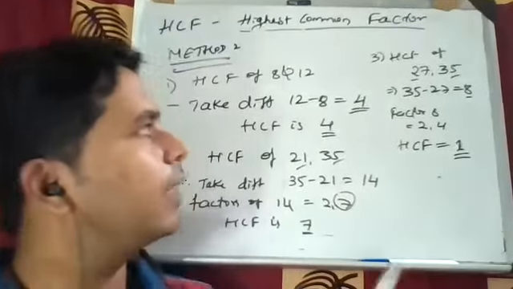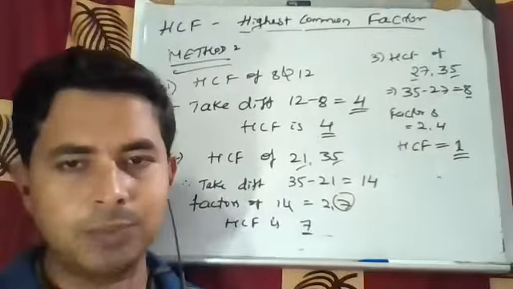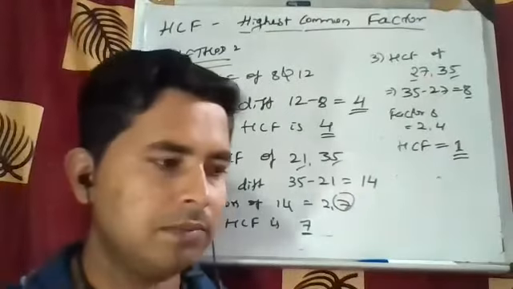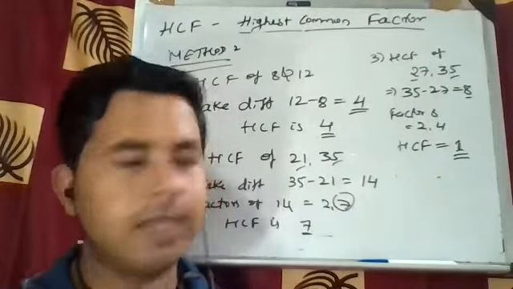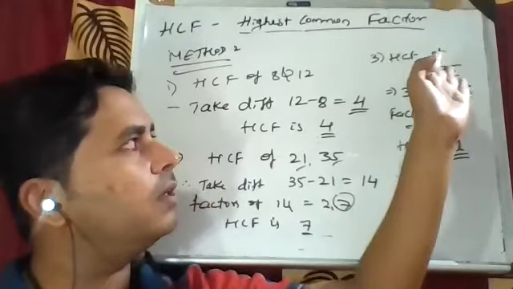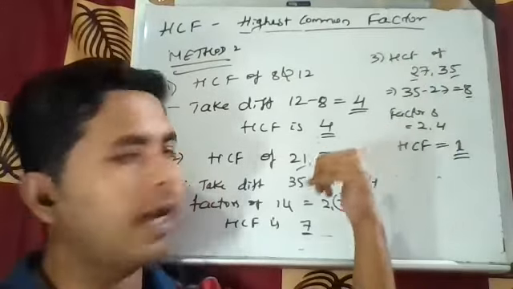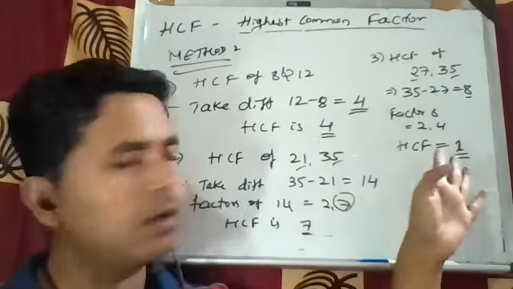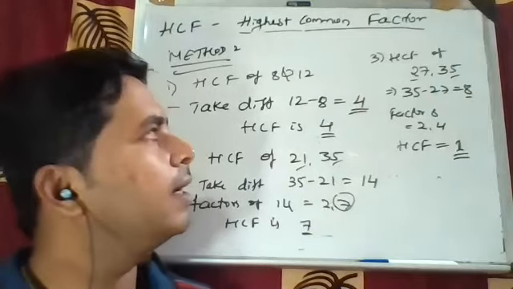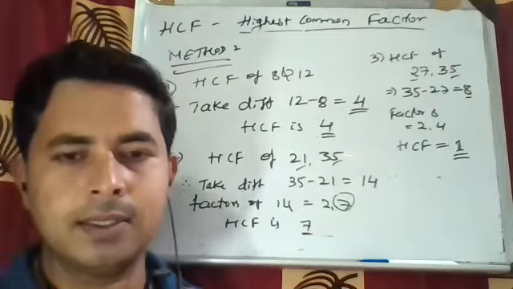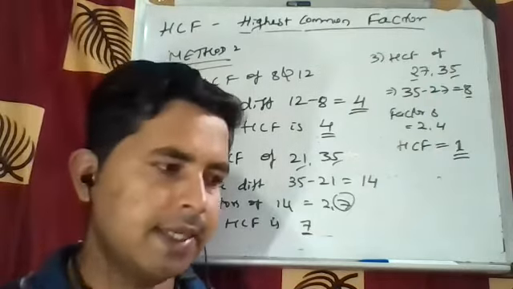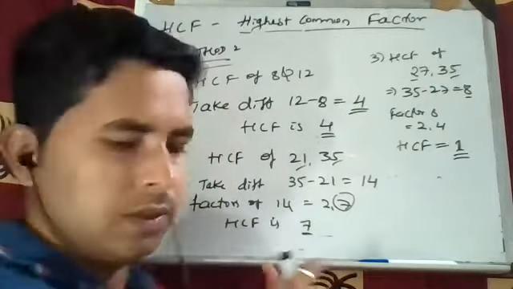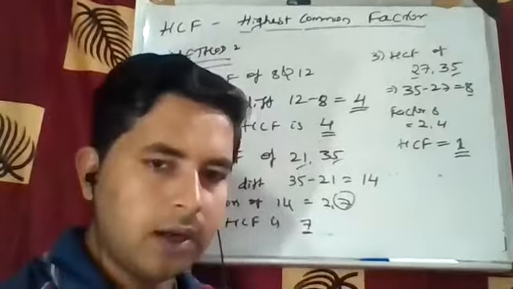So when you cannot divide with any step, the HCF will become 1, because 8 will never divide 27 and 35, and 3, 9 and 7 also do not divide. So it has 1 as the HCF.